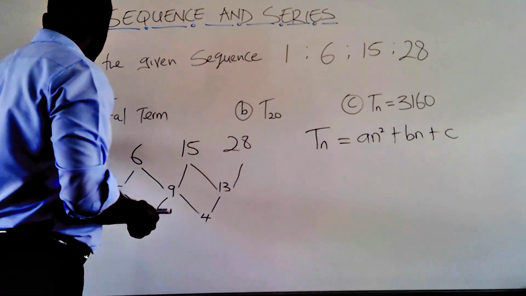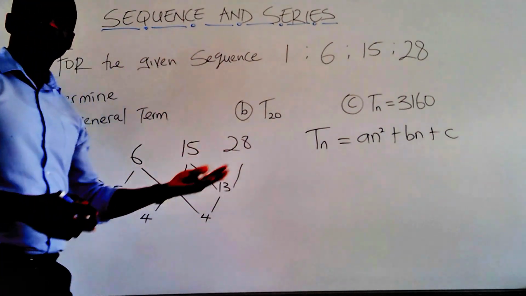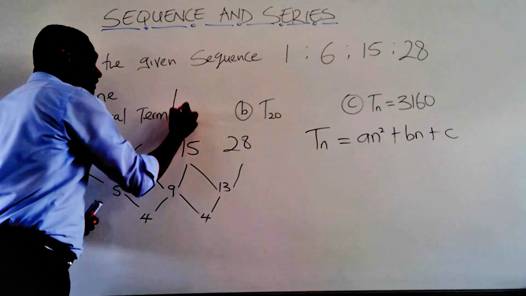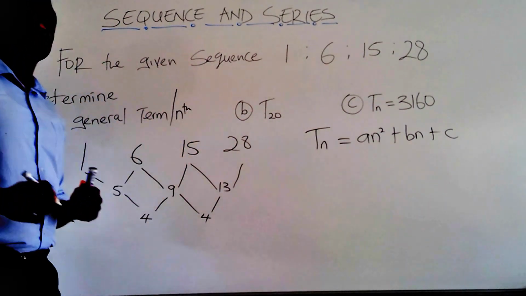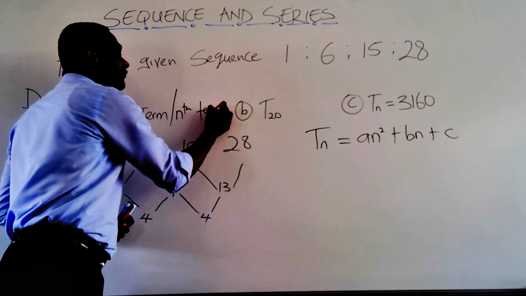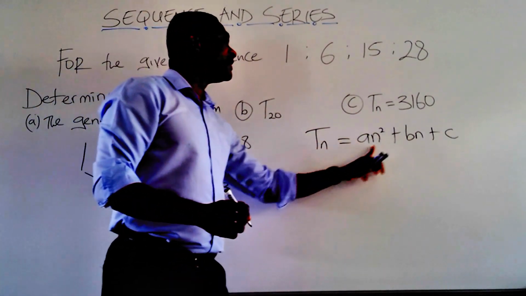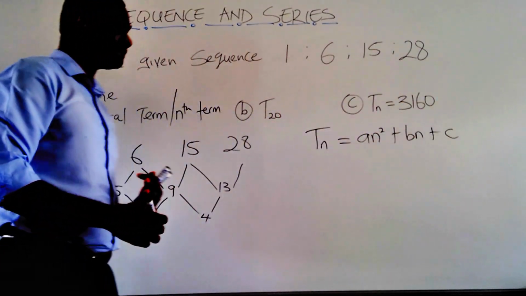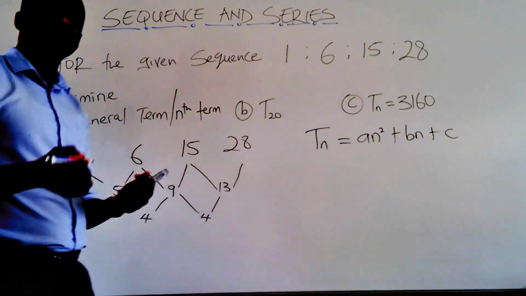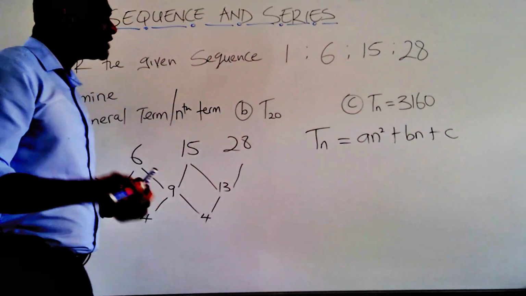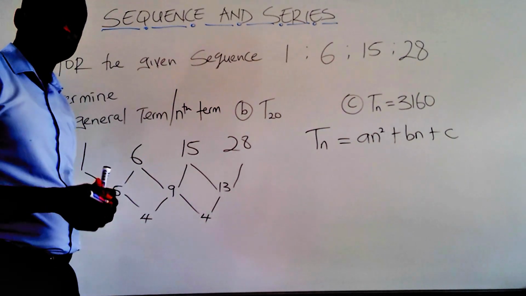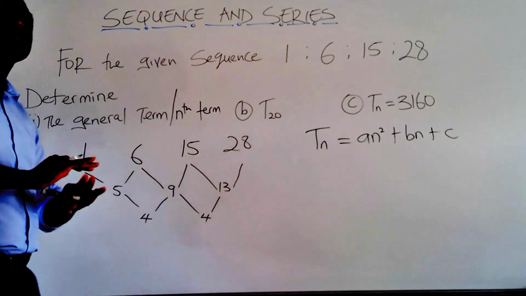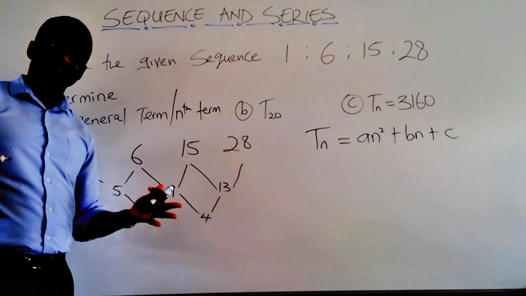In order to get the general term, or the general formula, or what we call the nth term, in some cases we have to first of all get the values of a, b, and c, and then solve it. Now we have a predefined formula. Then in due course, I'll also show us how we got to that formula. But at this stage, we are only required to use it.